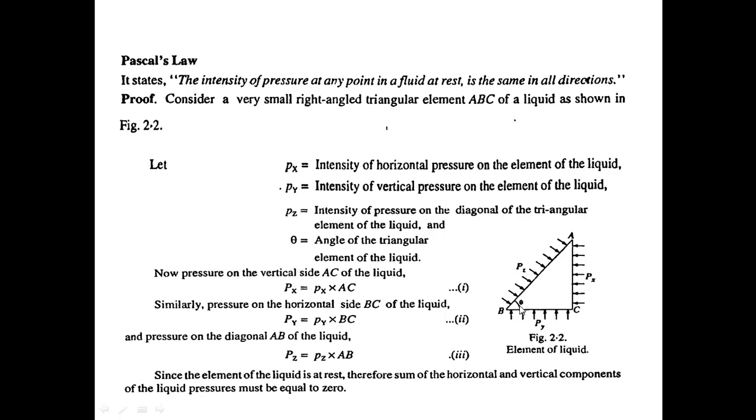This is the theta. Now pressure on the vertical side AC of the liquid, Px is equal to small px into AC. Similarly, pressure on the horizontal side BC of the liquid is equal to Py is equal to small py into BC.